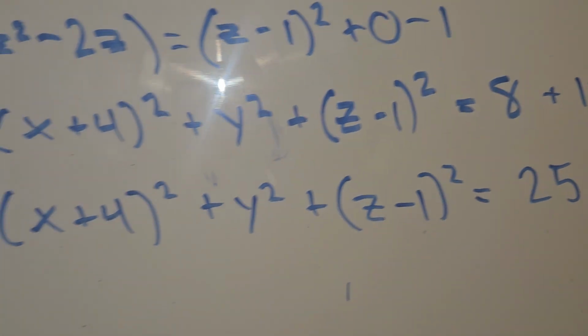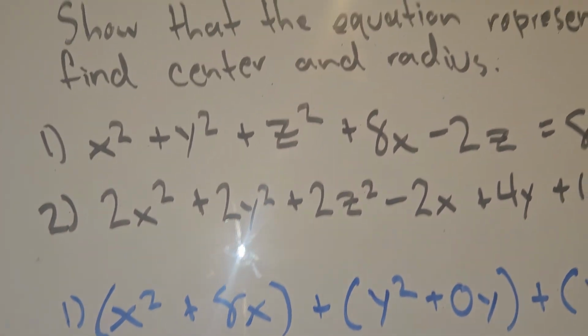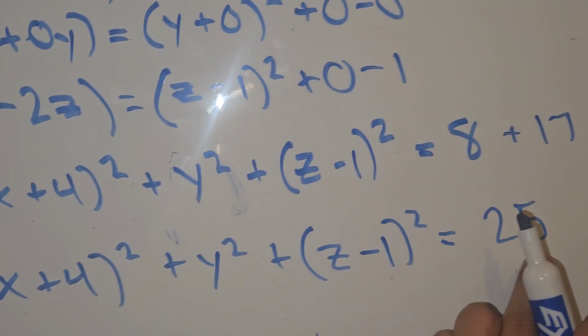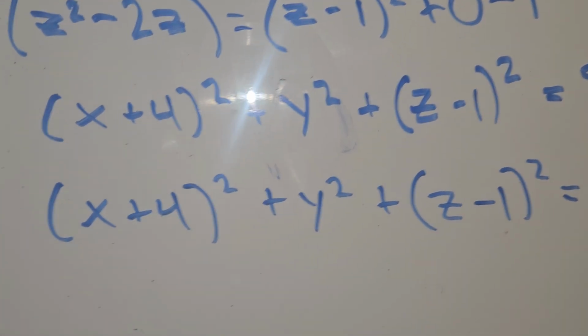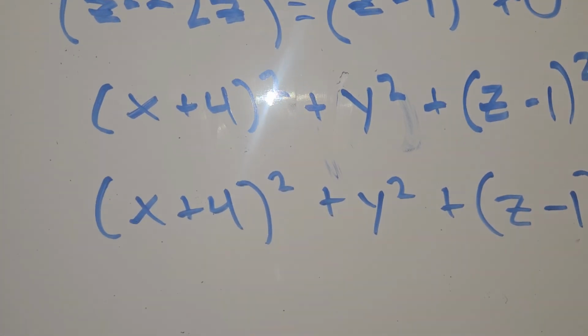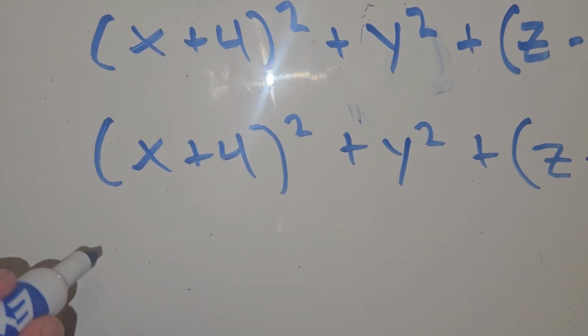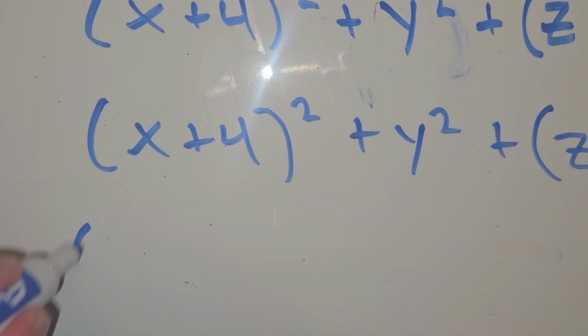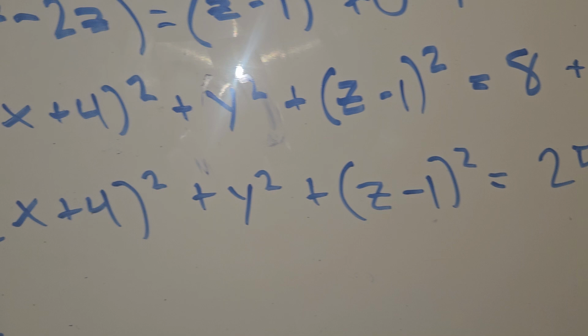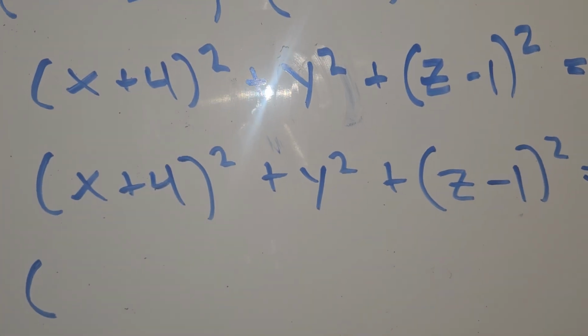Okay, 25. But the question is asking for the center and the radius. So this is pretty much your sphere equation. If you don't know already the equation for the sphere, I suggest you review it. Just look it up.